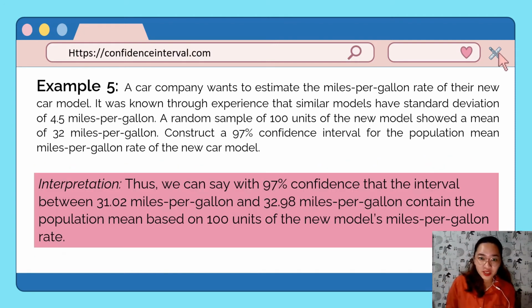Thus, we can say with 97% confidence that the interval between 31.02 miles per gallon and 32.98 miles per gallon contains the population mean based on 100 units of the new model's miles per gallon rate. Okay. So, ganun lang siya i-interpret.